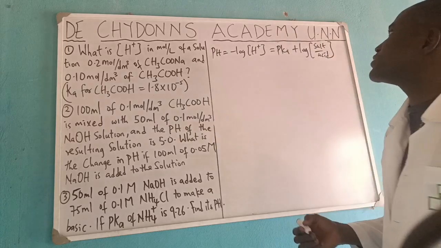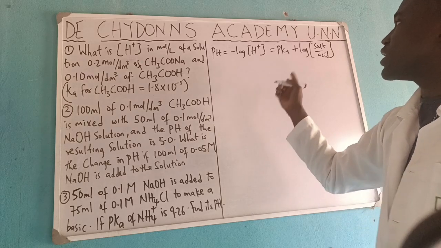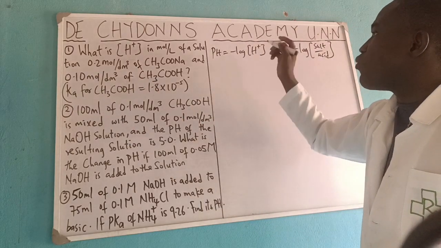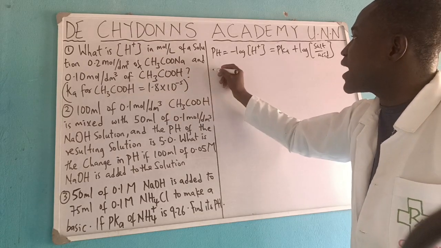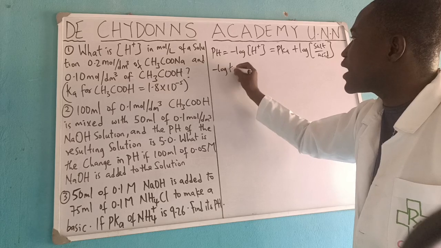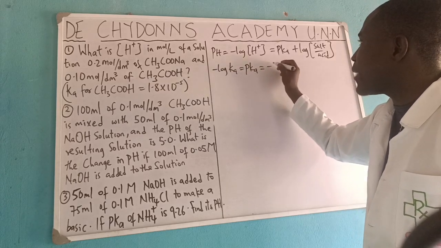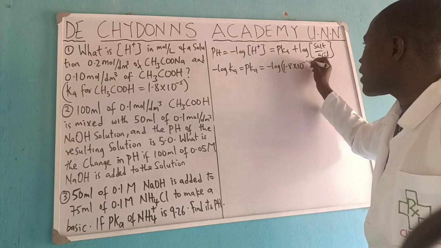As we said, what is our pKa? pKa wasn't given. They gave us our Ka. That means to get our pKa, since Ka is this, pKa is minus log of Ka, equal to minus log of 1.8 times 10 raised to power minus 5.